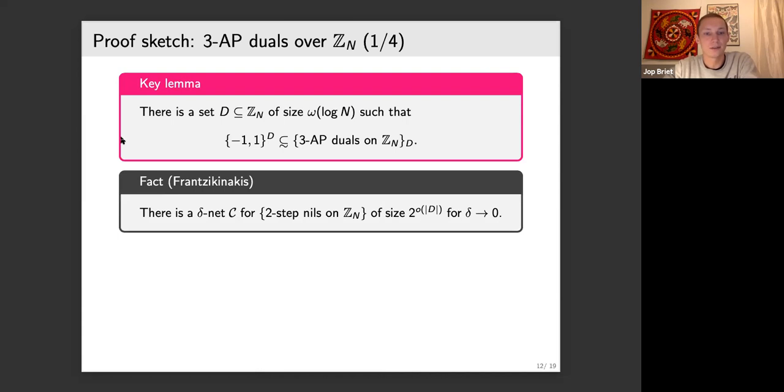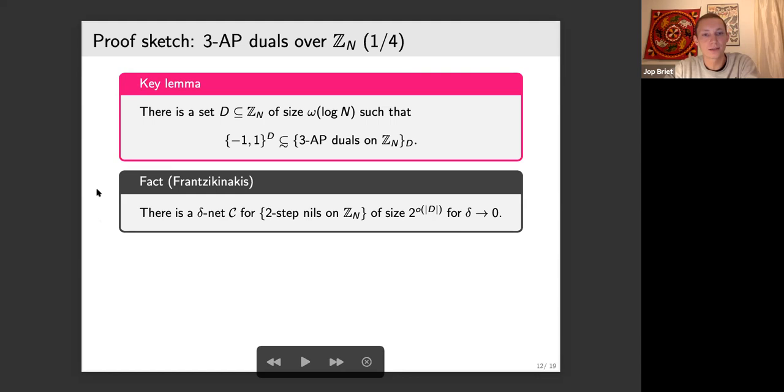The second ingredient is a fact that follows, I think, from results of Frantzikinakis, which says that because the set D is so large, omega log n, you can find a delta net in L infinity distance for the set of two-step nil sequences on the integers mod n, whose size is 2 to the little o of d, so very small size, definitely small compared to the size of this hypercube here, and that's the main point, where delta goes to 0 as n goes to infinity.